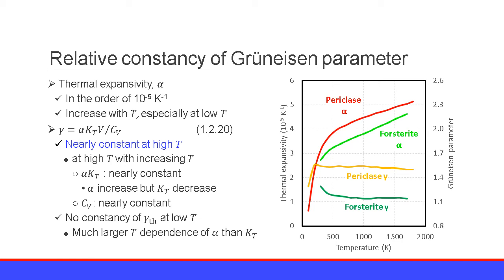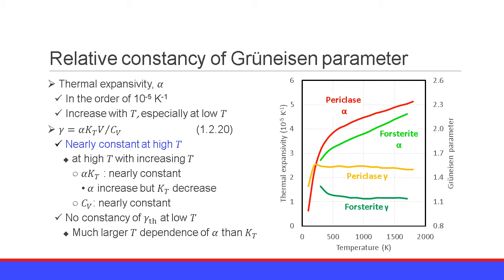Then the Grüneisen parameter, which can be divided into the alpha K_T and C_V part. As we have already seen, the alpha K_T, the thermal pressure, is nearly constant at high temperatures, and the isochoric heat capacity C_V is also nearly constant at high temperatures.